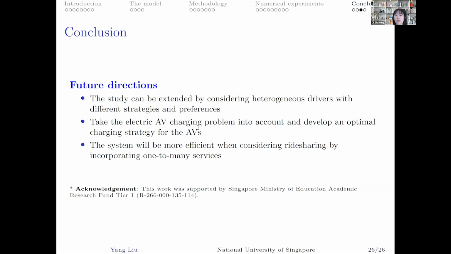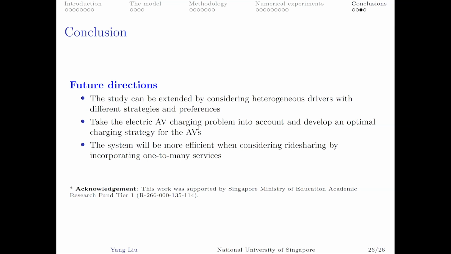So maybe the commission fee can also be considered to reduce what we call the downtime in the taxi industry, to reduce the inefficiency of the road network.